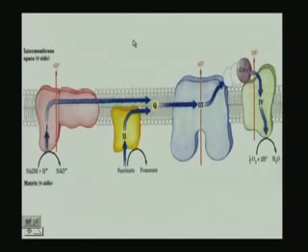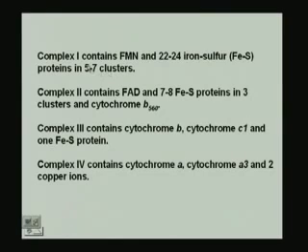Okay, we will see that in a moment. Complex 1 contains FMN. What is FMN? FMN is flavin mononucleotide, and it has 22 to 24 iron sulfur proteins present in clusters. So, that is what complex 1 is.